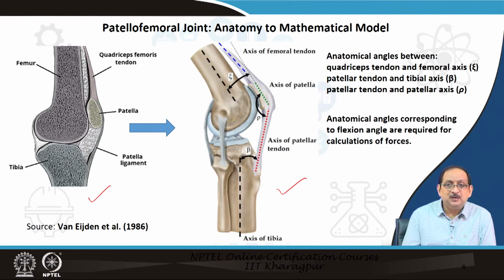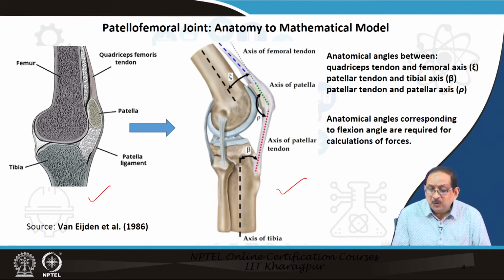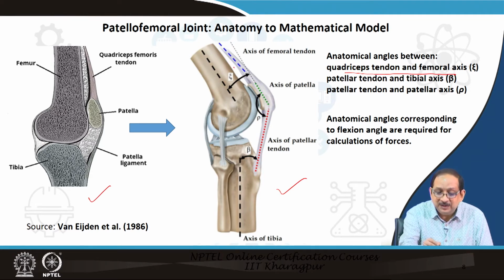In this mathematical model, there are some important anatomical angles, like the angle between the quadricep tendon and the femoral axis, indicated by psi. So, it is this angle between the quadricep tendon and the axis of the femur.